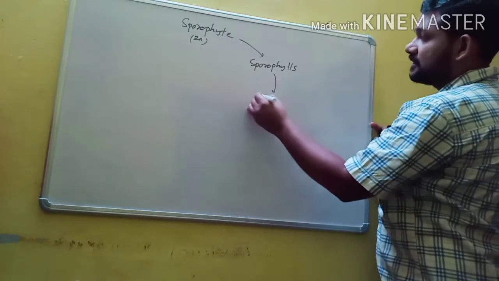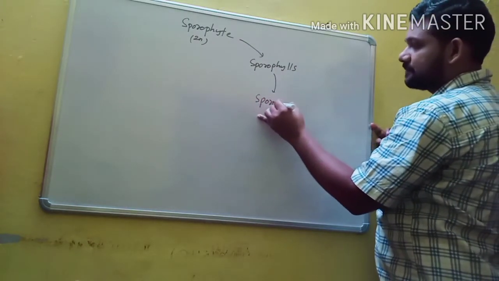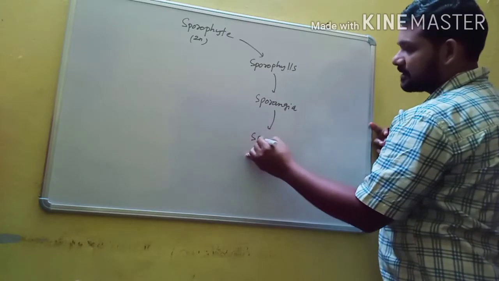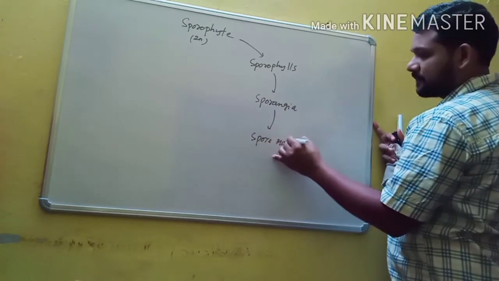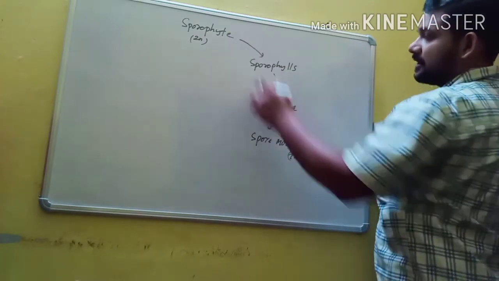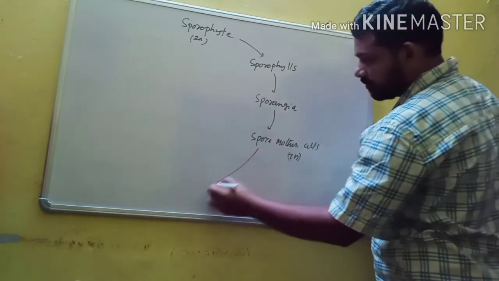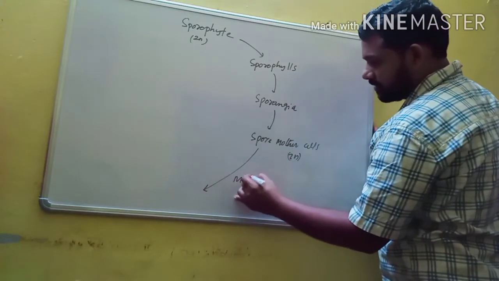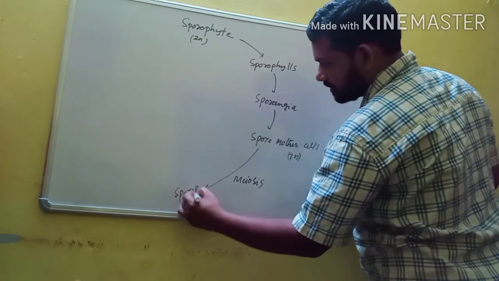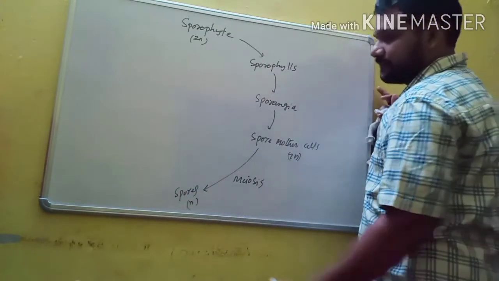Sporophylls contain sporangia, the spore producing structures, and internally they have spore mother cells, which are also diploid. Then the spore mother cell undergoes meiosis, reductional cell division, and produces spores, which are haploid.